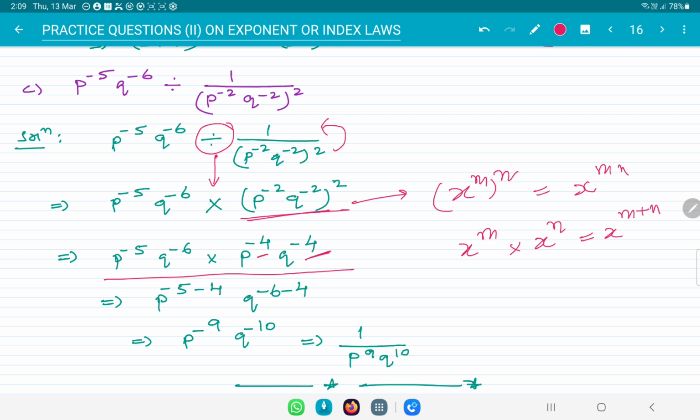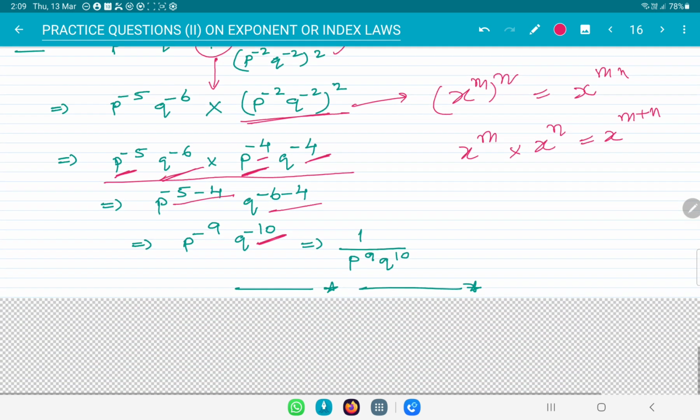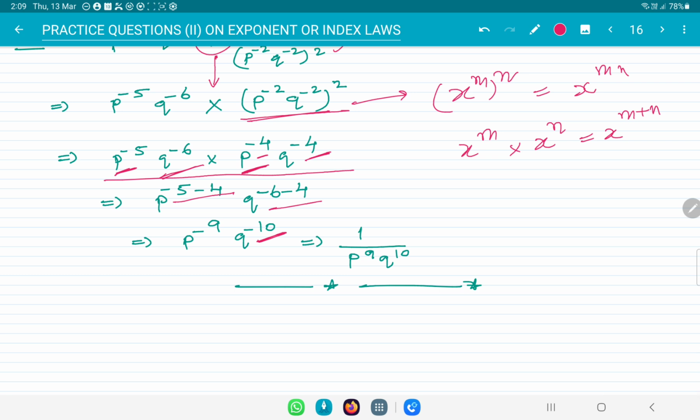Okay. So here we are seeing p and p, so the power will add up: minus 5 minus 4, so minus 9. And for q, minus 6 minus 4, so this will become minus 10. As we know, we have to write our answer in positive powers. So this will become 1 upon p raised to the power 9, q raised to the power 10. So this will be your final answer.